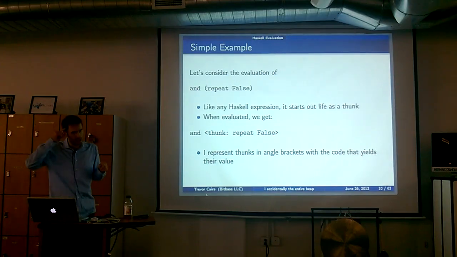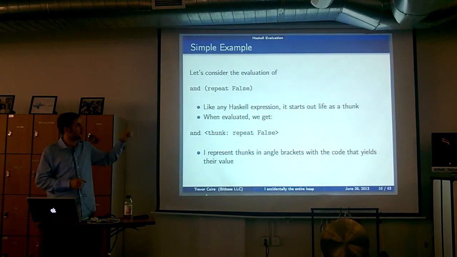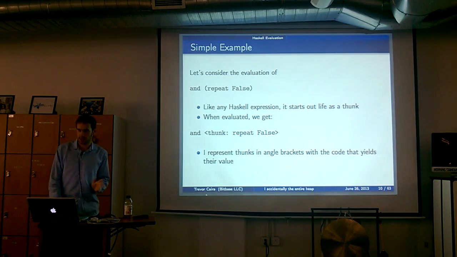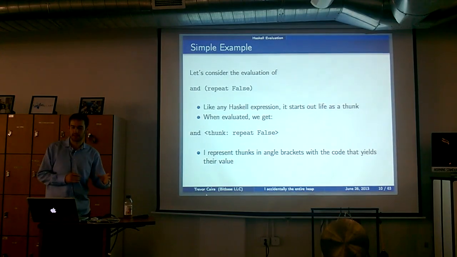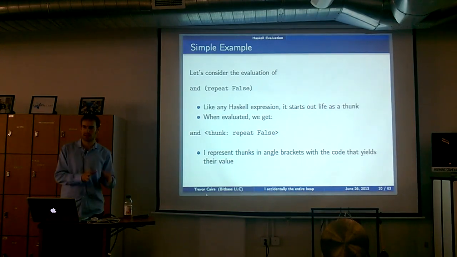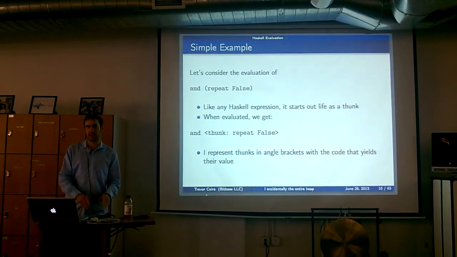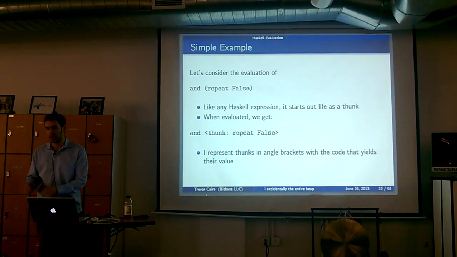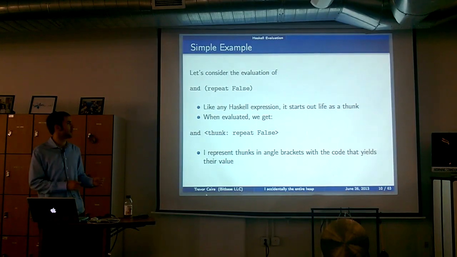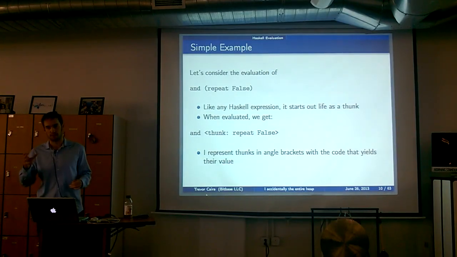So let's think through the runtime and say, okay, how do we get to the False given and (repeat False)? As I said, GHC implements this with laziness, and I'm going to be a little bit loose in laziness versus non-strictness. Non-strictness is what the Haskell report says, and it's sort of the technical term. And laziness is the implementation strategy along with sharing that gives us that non-strict semantics.